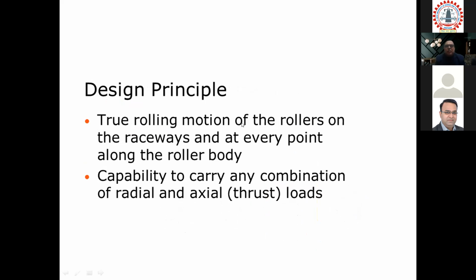It's like if you take a cone and put it on a flat surface and push it, it will rotate and come back to the same place. So on the raceway as well as every point on the roller body, there will be a true rolling motion and no sliding. It has the capability to carry any combination of radial and axial loads.